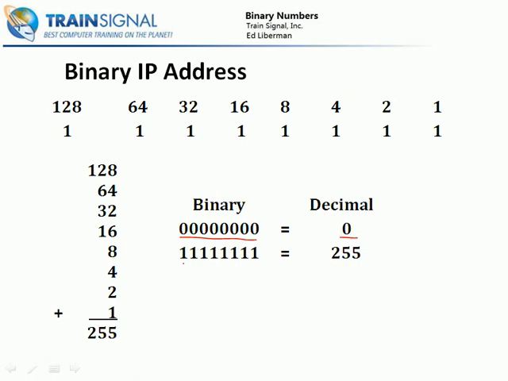But if we take the highest 8-bit binary number, which is all ones, and you'll see I've also put those up here, and I've also taken each of the 8 column values and put them here, added them together, we end up with 255. So that's why every number you see in an IP address is always somewhere between 0 and 255.